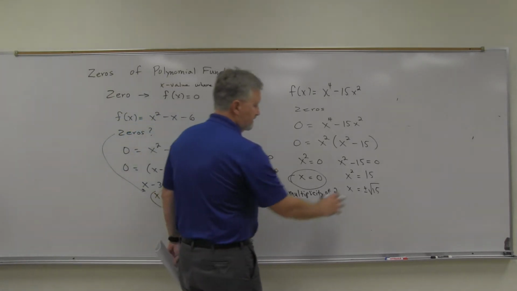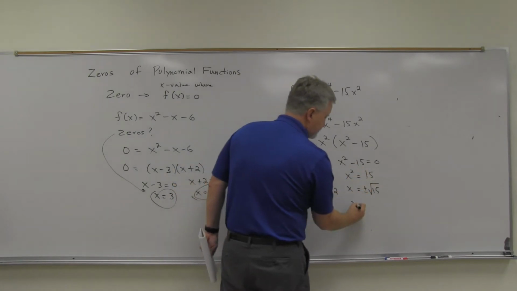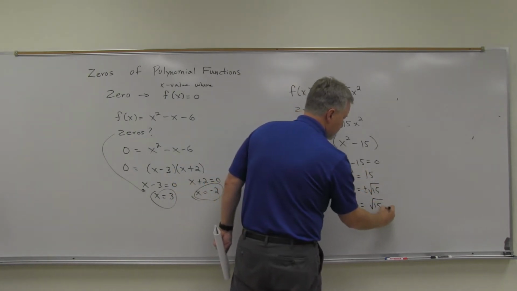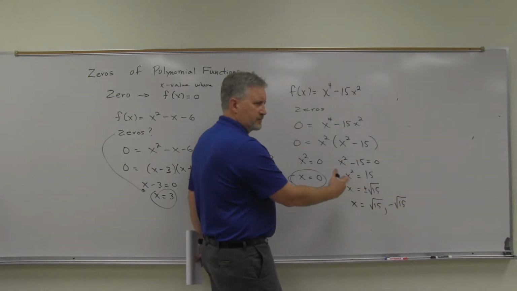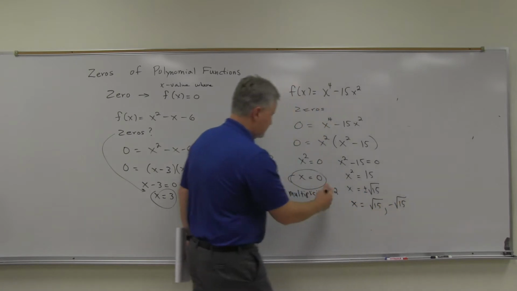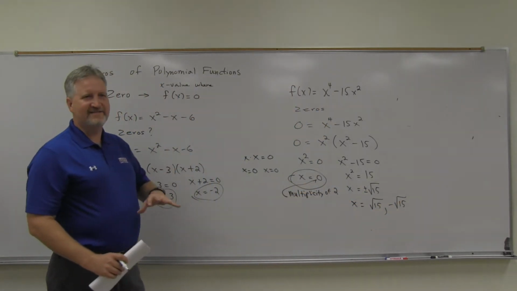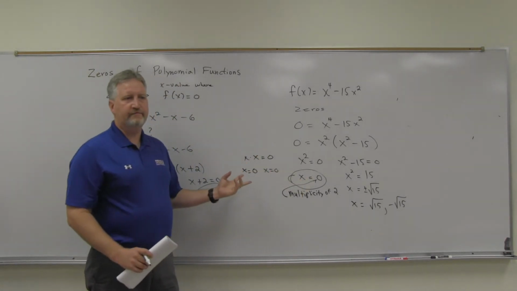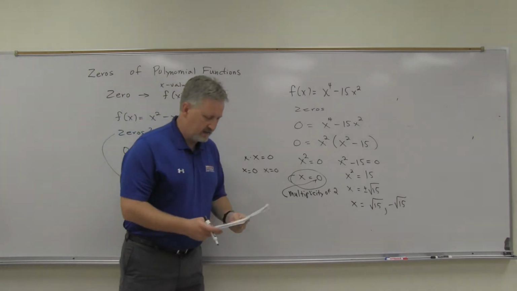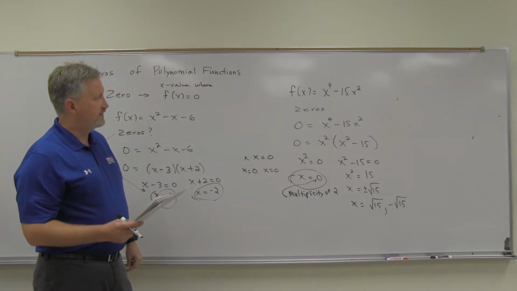Now this one, you've got the square root of 15, and negative square root of 15. Those just occur once. There's one of those and there's one of those. But the 0 that is 0 has a multiplicity of 2, because it occurs twice. We'll see more of that in just a second.